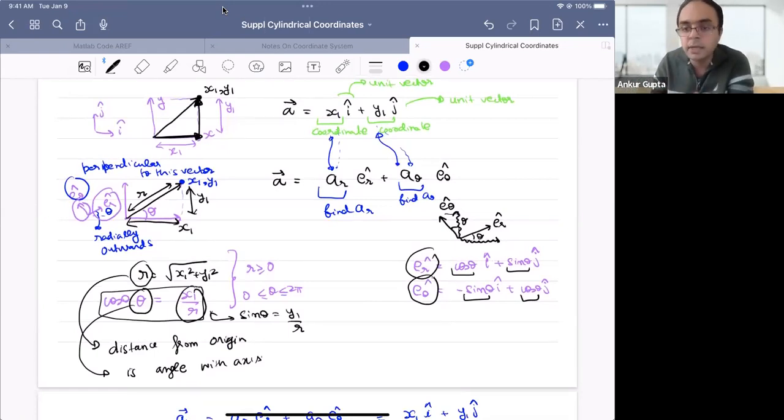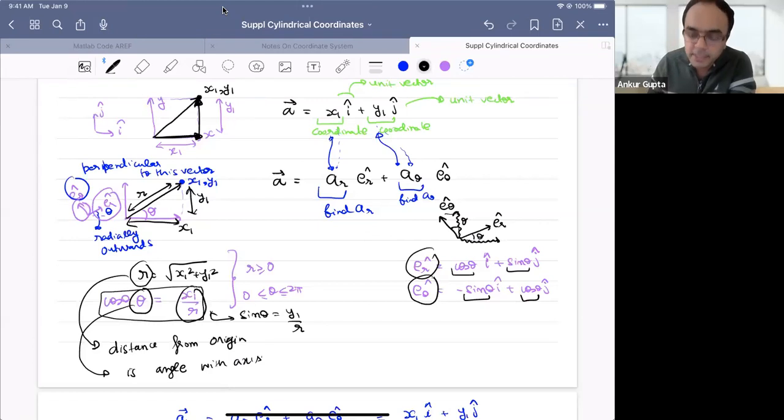And they are related to i hat and j hat using theta. And theta depends on x1 by R and local coordinates. So the whole point is that instead of going in a horizontal and a vertical direction, I am going around in a circle, where I have a distance and an angle that I choose. And as you will see, this is important because if you're using pipe flows or some other cylindrical systems, this coordinate system helps you.